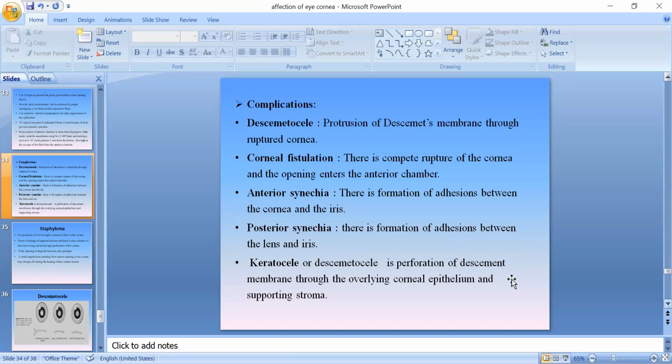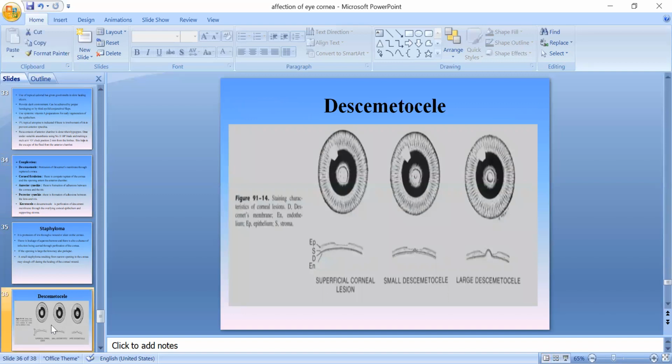Keratocele or descemetocele is protrusion of Descemet's membrane through the overlying corneal epithelium and supporting stroma. You can see here superficial cornea, small descemetocele and large descemetocele.